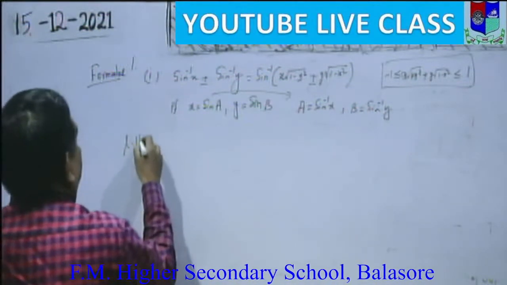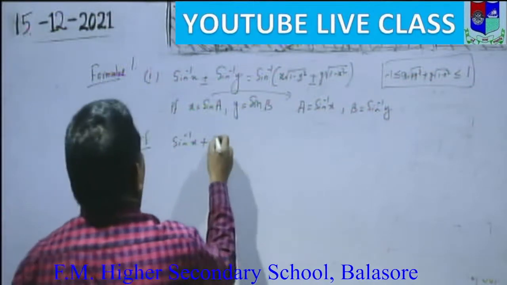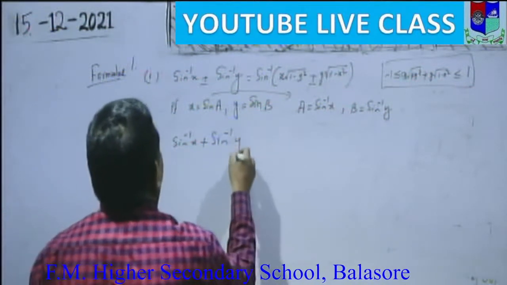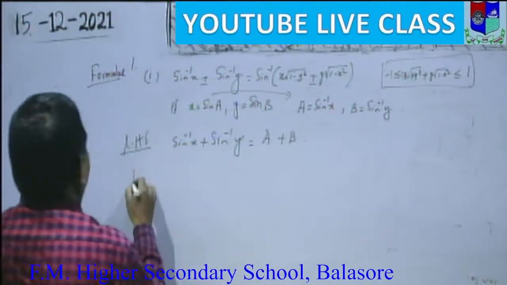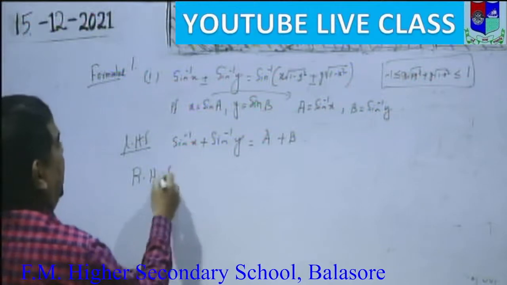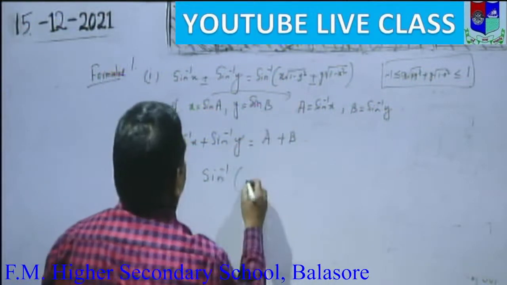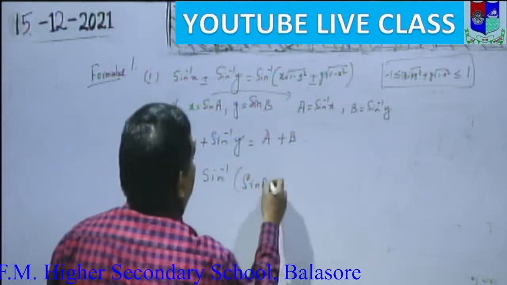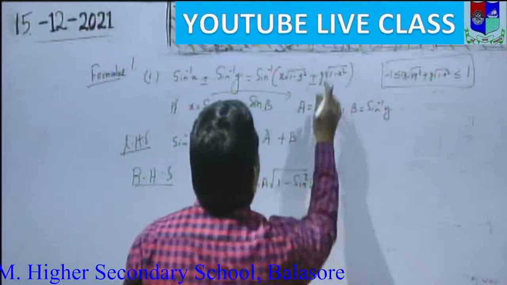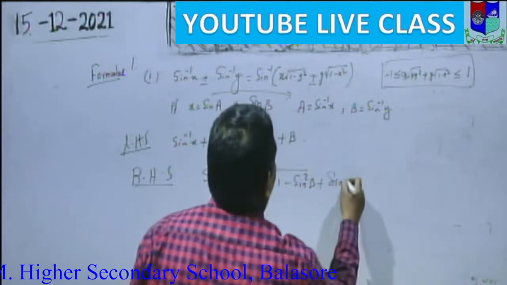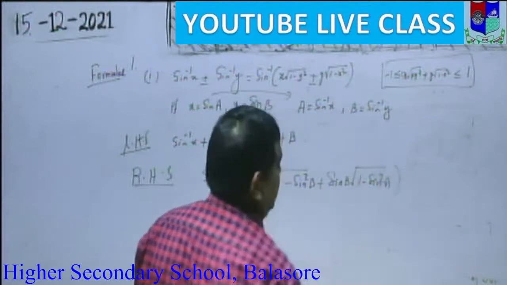Your left hand side, sin inverse x plus sin inverse y, is A plus B. Your right hand side is sin inverse of x, that is sin A root over of 1 minus sin square B, plus sin B root over of 1 minus sin square A.